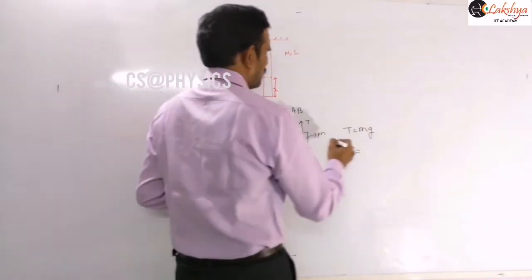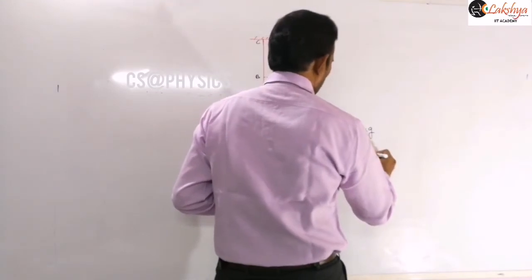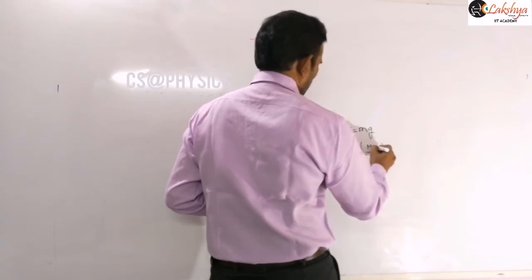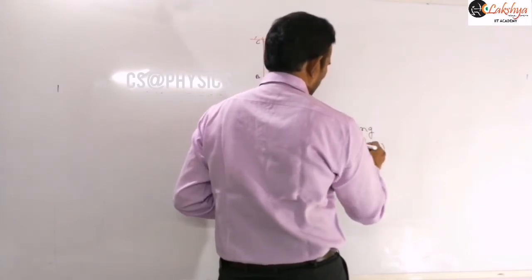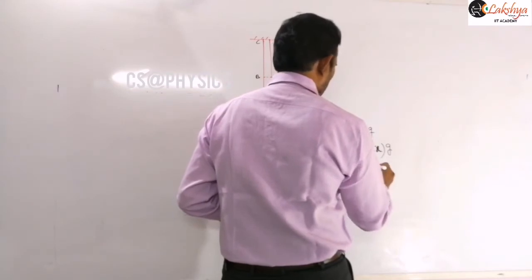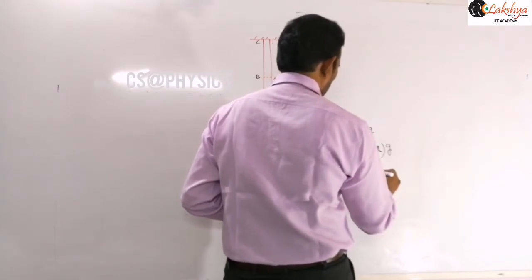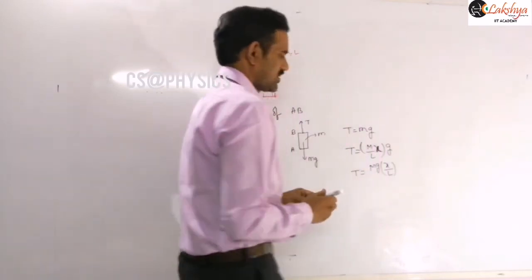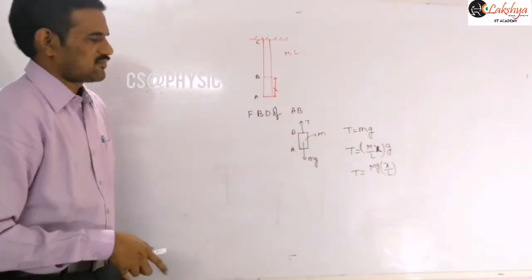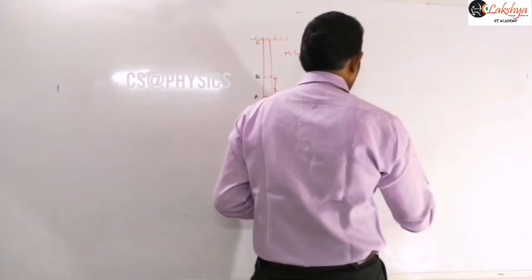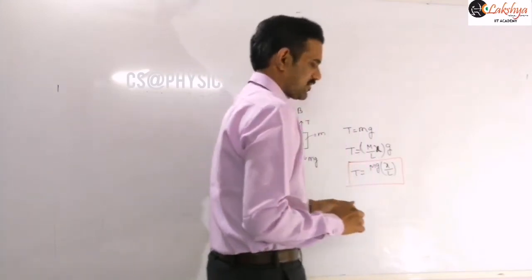So mass per unit length is m by L and length of this part is x, into g. And therefore this tension we can write as mg into x by L. So that is the tension at any point in this string, where x is measured from the bottom of the string here.